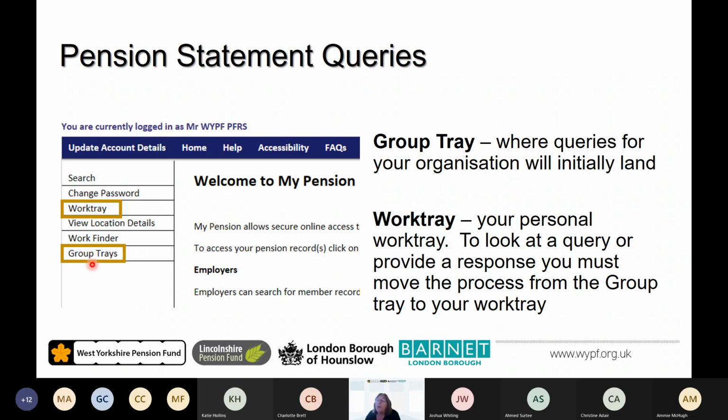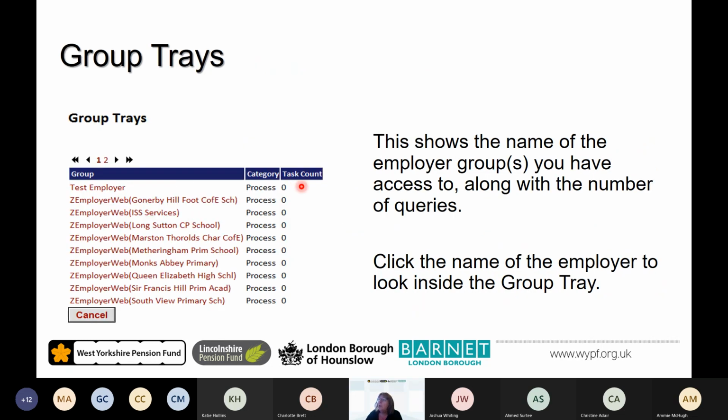You can't work on the processes in the group tray. They're just there as a landing page for the processes to be moved on to other people. In the group tray, last year we had a problem with the number of processes showing as 0 when actually there were a number of processes in the tray.